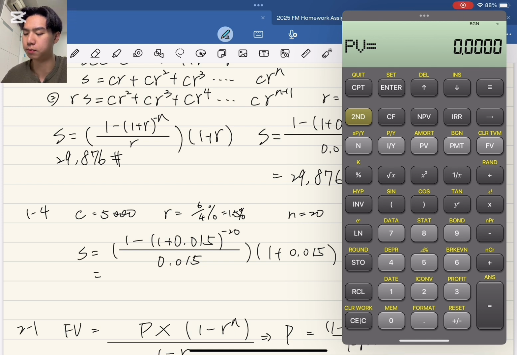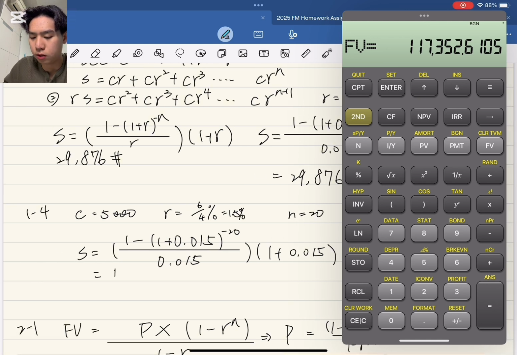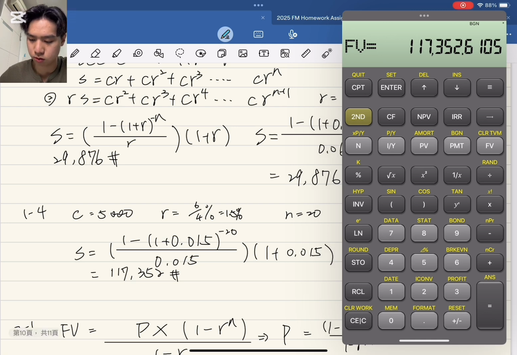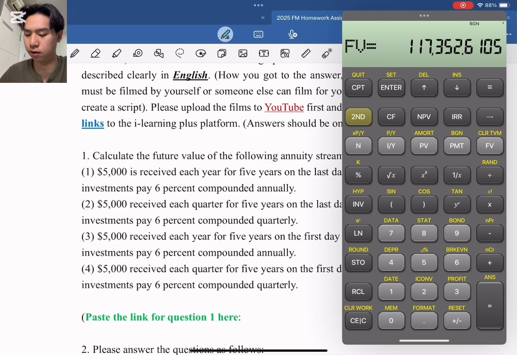Payment is minus 5,000, and we can compute the future value is 117,352 dollars. Okay, let's go on.